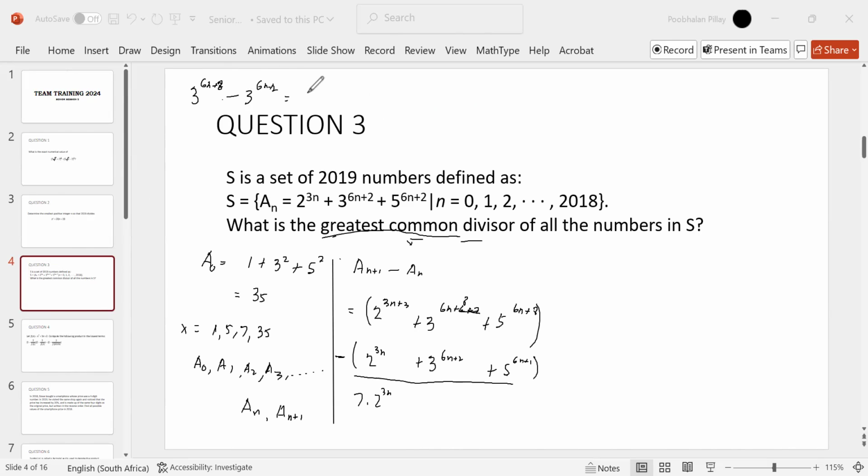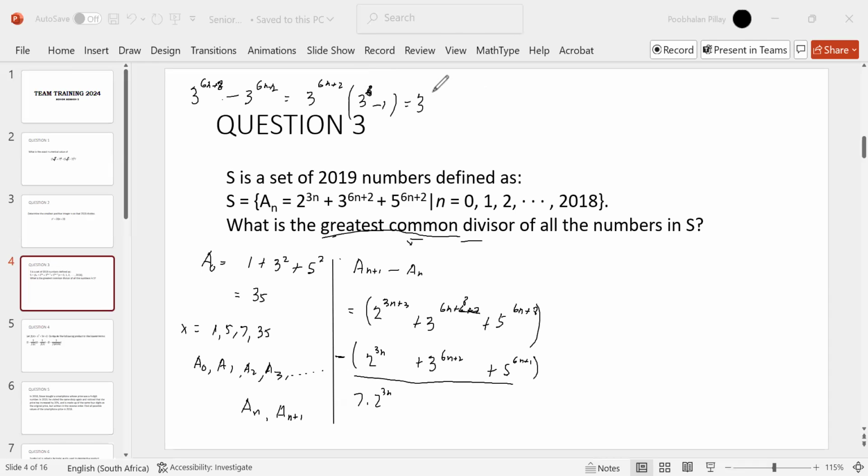And this time, you'll see that 3 to the power of 6N plus 2, that's the smaller of these two, is a factor. And then if you take out 3 to the 6N plus 2, here you have 3 to the power of 8. Oh, no, wait a minute. 3 to the power of 6. I'm taking out 6N plus 2 minus 1.